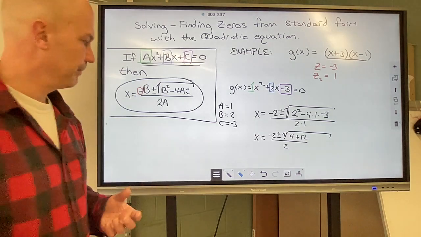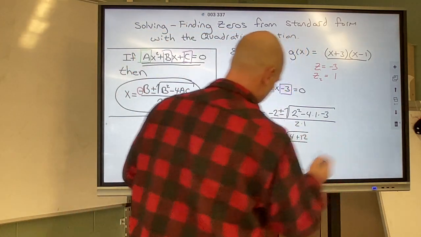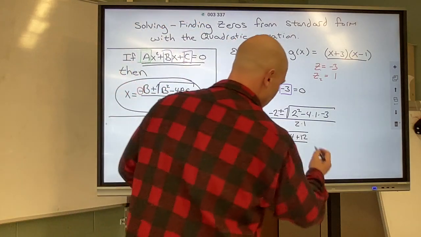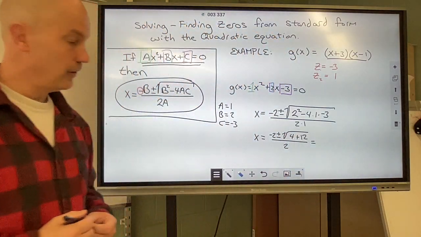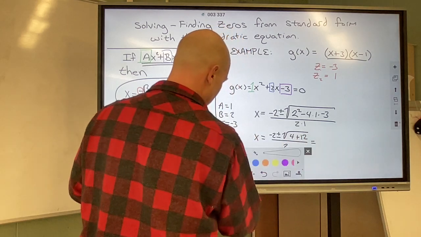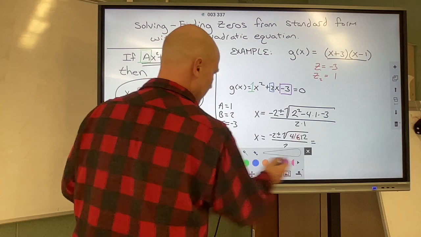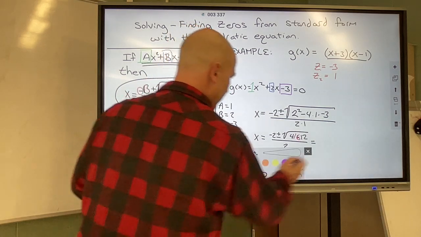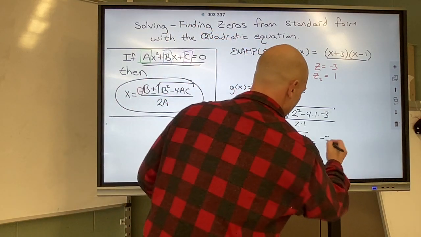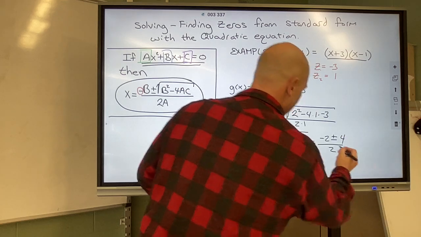I'm starting to simplify. My square root symbol is maybe a little too big. Okay. Now I need to find the solutions. So I know that this is going to be 16. This turns into 16, right? And I know the square root of 16 is 4. So I can say this is -2 plus or minus 4 over 2.